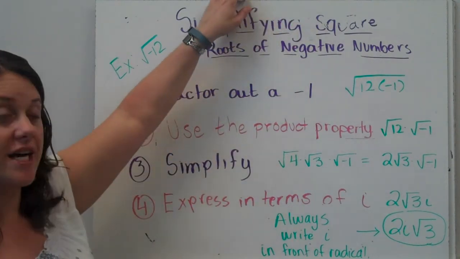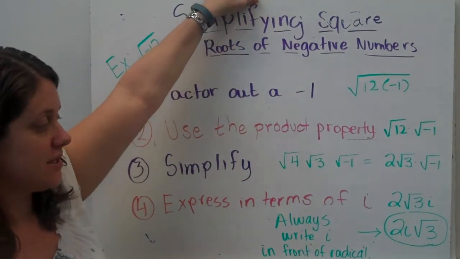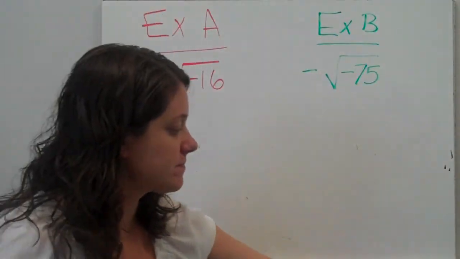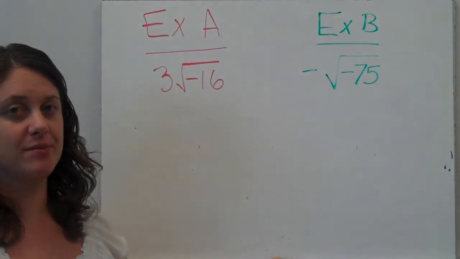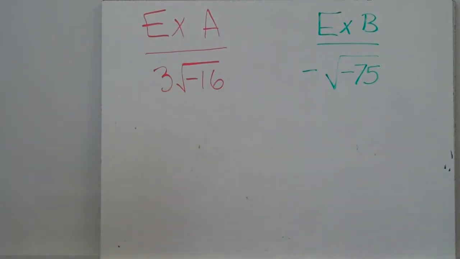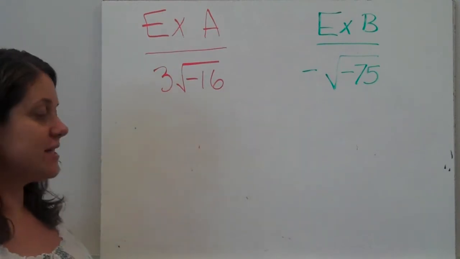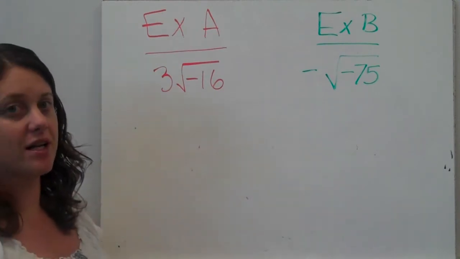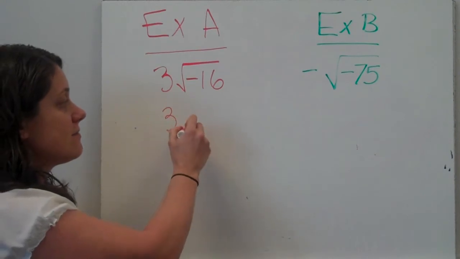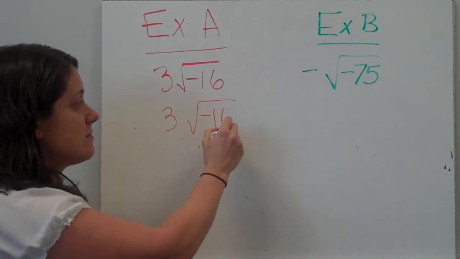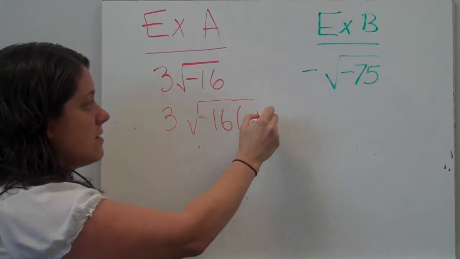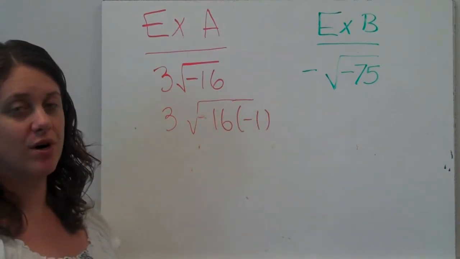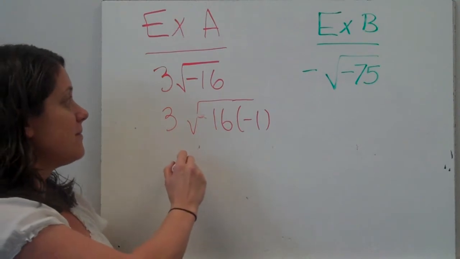Okay, so we're going to try two examples here. All right, so go ahead and pause the video and see if you can simplify these. All right, so let's go ahead and simplify them together and see if you did it correctly. So for this, I'm going to go ahead and factor out a -1, and then I can split them up.